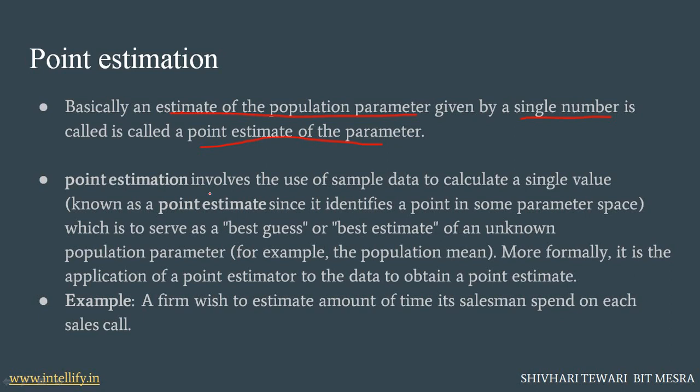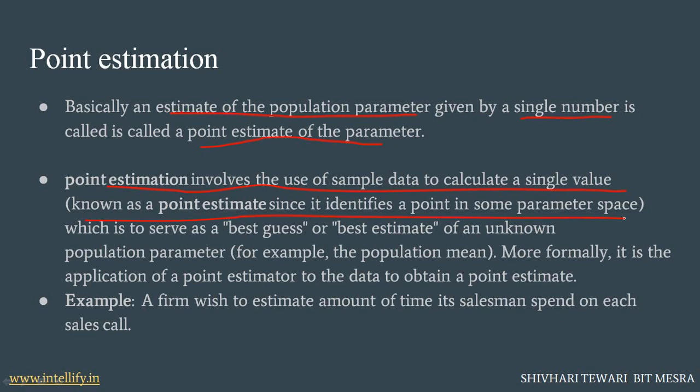Now, a point estimate involves the use of sample data to calculate a single value, which is known as a point estimate, since it identifies a point in some parameter space. That means it involves the use of sample data, like the data of patients who are not seriously injured or who are not in the ICU.